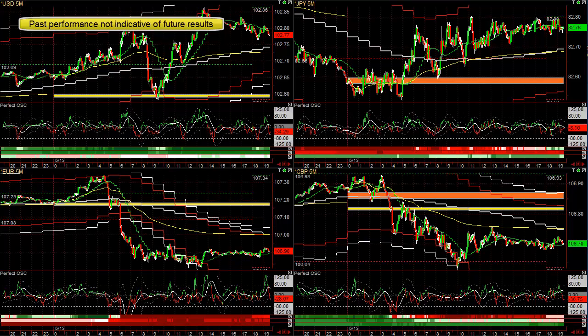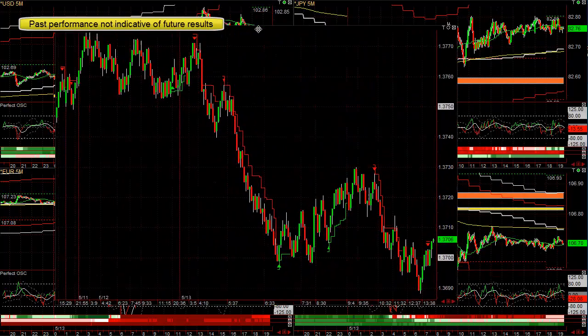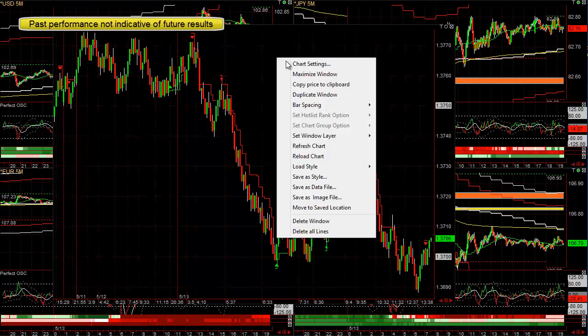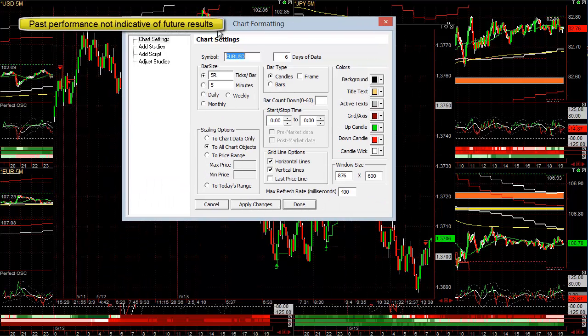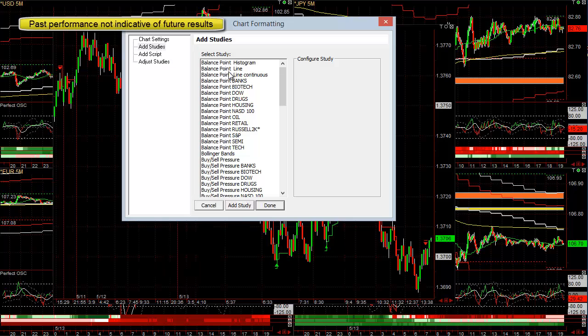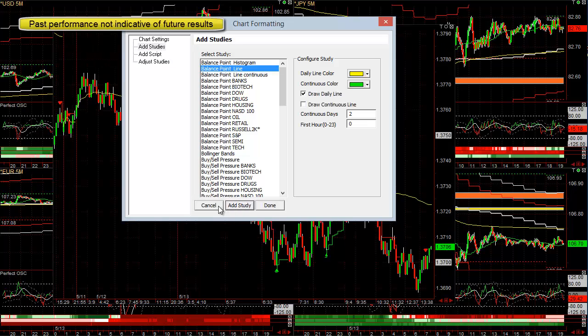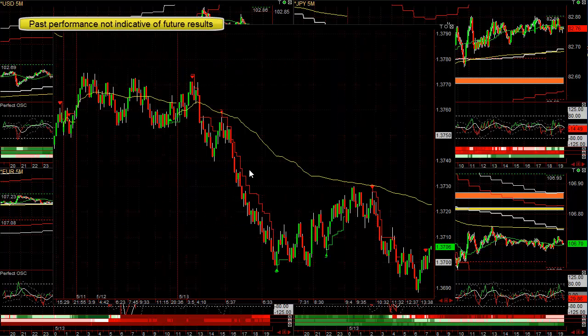We have value areas for the previous day and week. And we also use intraday value areas too, which also lets you see what currencies are doing. Where is the most actively traded price? And of course, we also use VWAP, which you'll probably never see in other software packages. We call it the balance point line. It shows you where most traders have positions.